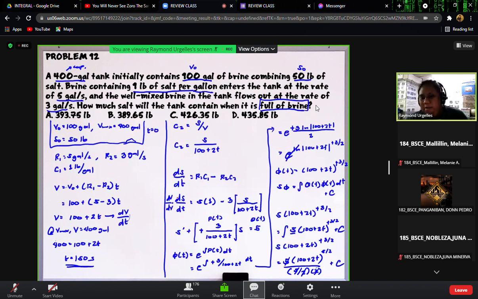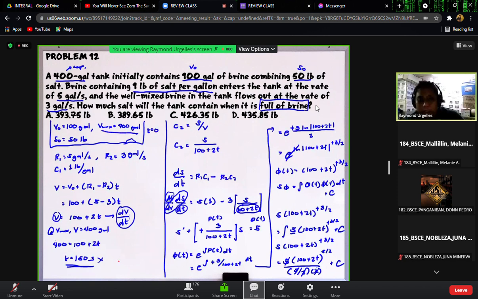Pag ginawa nyo yun, magkakaroon kayo ng dS over dV. Wala namang problema dun sa kabila. Kasi itong 100 plus 2t, this is just the volume V, so papalitan nyo lang to ng V. Tapos yung dV dt dito, palitan nyo lang na masosolve yung dV dt dun sa equation ng volume. So that way, hindi na natin kailangan i-solve to. Kasi alam natin na Vmax is 400 gallons.